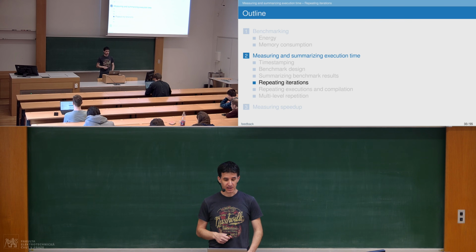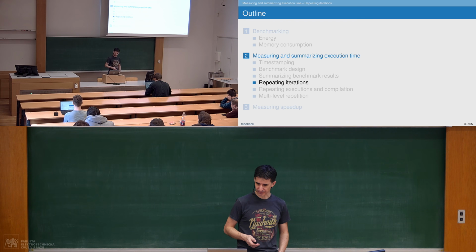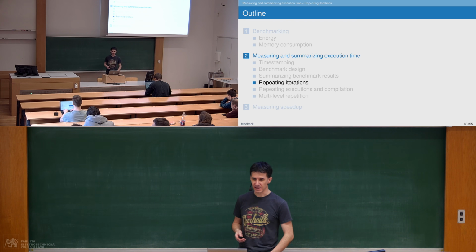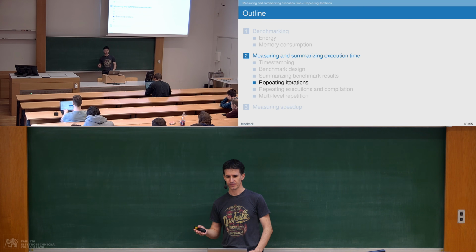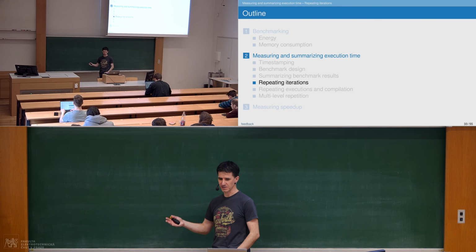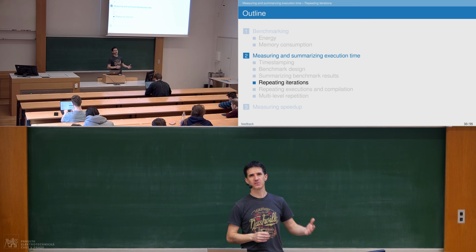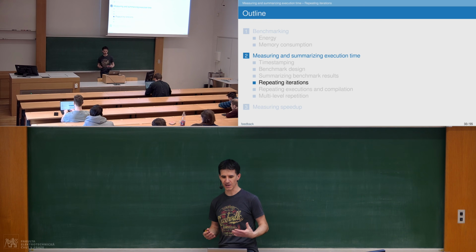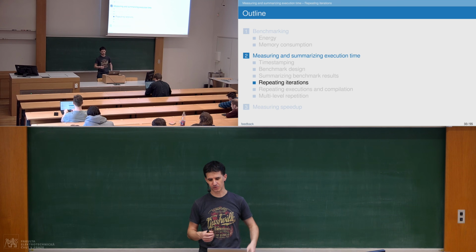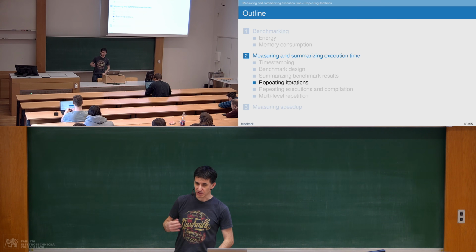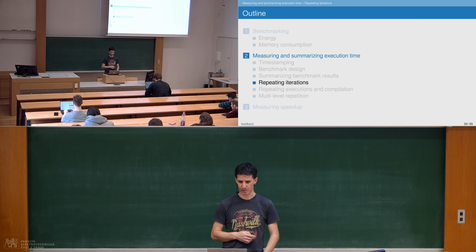But the next question is how many times we have to repeat the measurements. If we do not repeat the measurements enough times, the confidence interval will be too wide, so our results will not be precise. If we repeat the measurements too many times, we are wasting our time, and the precision does not increase that much.